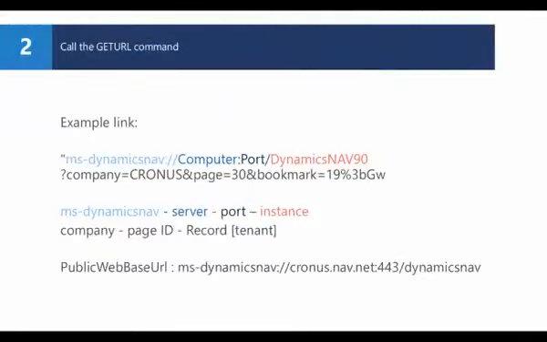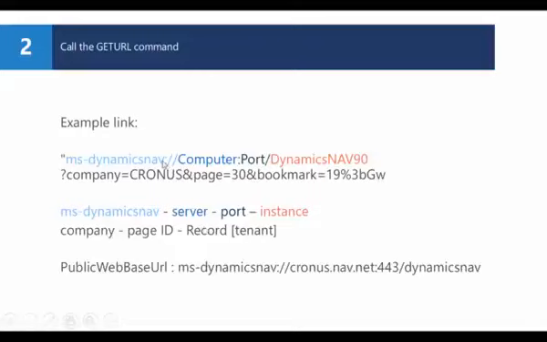So basically what we have here is a link that starts with ms-dynamicsnav, then it contains computer name, port, instance name, company, page ID, here page 30, and record bookmark to the record, and in the case of multi-tenancy, it will contain the tenant ID as well.